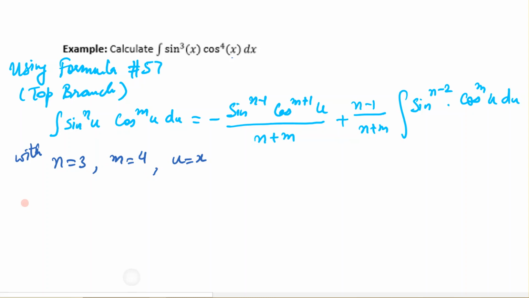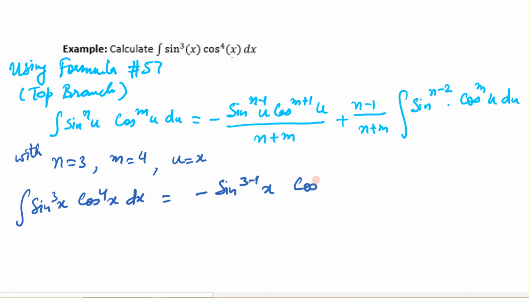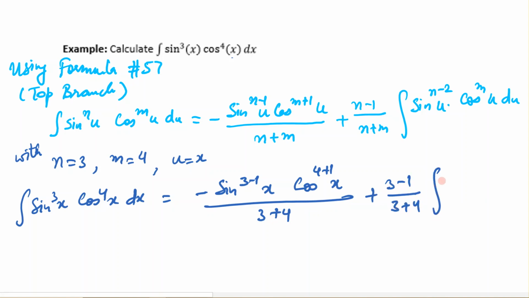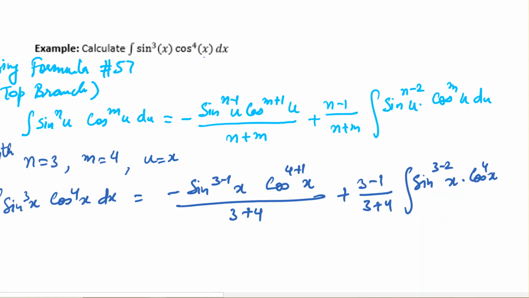And we get the integral of sine cubed x cosine raised to power 4 x dx is equal to negative sine to the power 3 minus 1 x cosine to the power 4 plus 1 x over 3 plus 4, plus 3 minus 1 over 3 plus 4 times the integral of sine to the power 3 minus 2 x cosine 4 x dx.